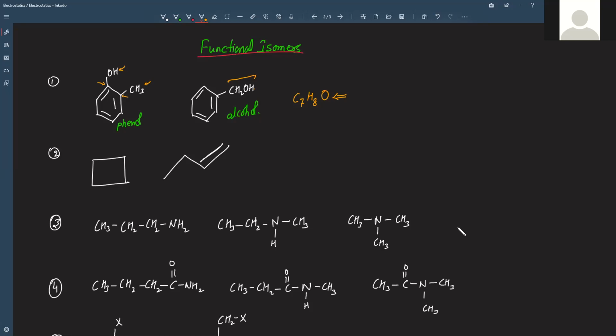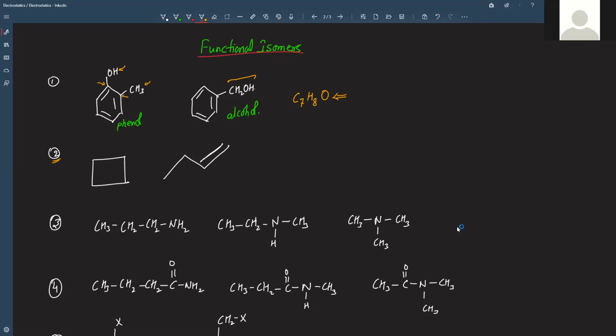Now can you tell me the molecular formula in the second structure? Obviously they both are the same, but what is that formula? Cyclobutane.